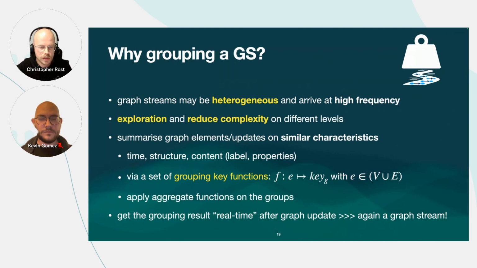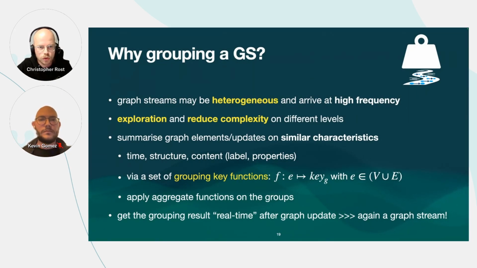The good thing is that with the grouping, we can summarize these graph elements or also graph updates on similar characteristics. These characteristics could be the time, so they happened at a specific time, which we cover by the windowing. It could be the structure, so edges that are connected to the same vertices. And it can be the content, so for example, the label or values of the properties in the graph elements.